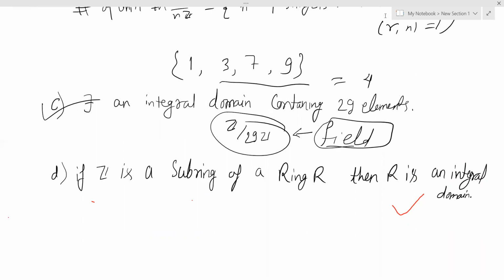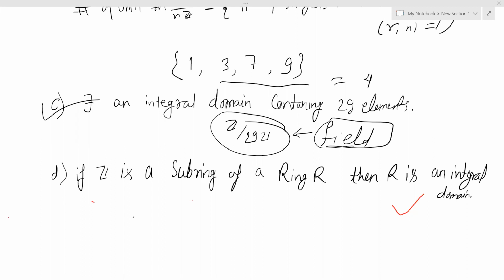Nagmani, is this true or not? True, sir. Give me proof. Z has no zero divisors. So what? In Z there is no zero divisor. So how will you conclude that the ring R also does not have any zero divisor? Every non-zero divisor is called an integral domain.